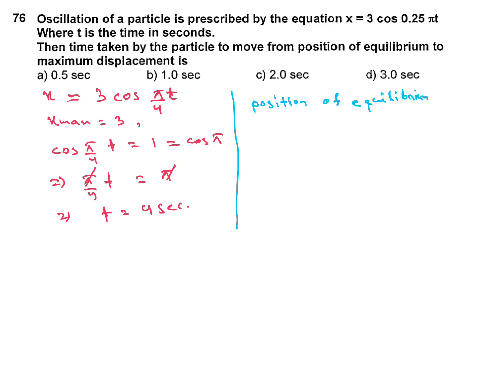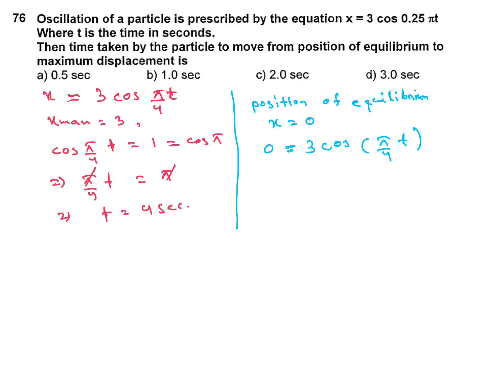Position of equilibrium is when x is equal to 0. So 0 = 3 cos(π/4 t).